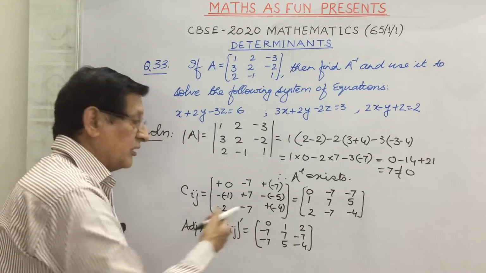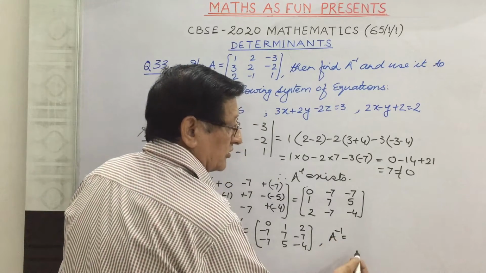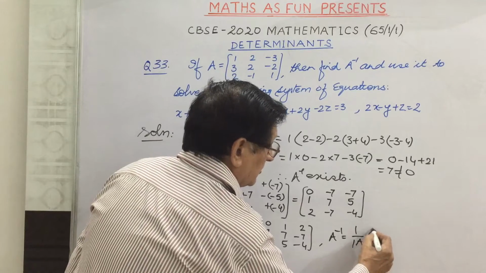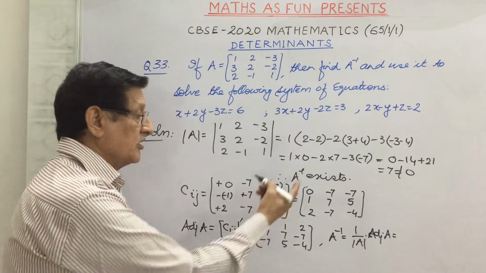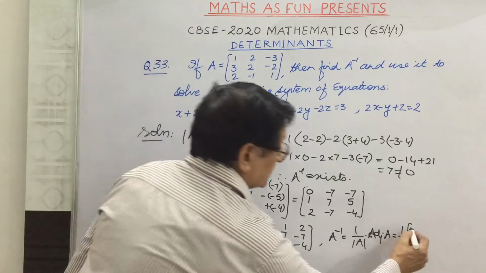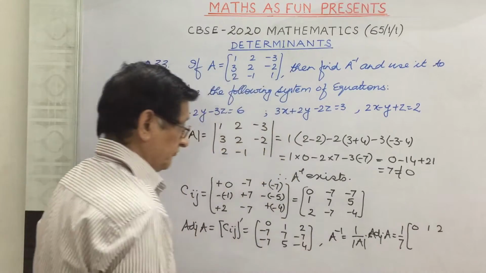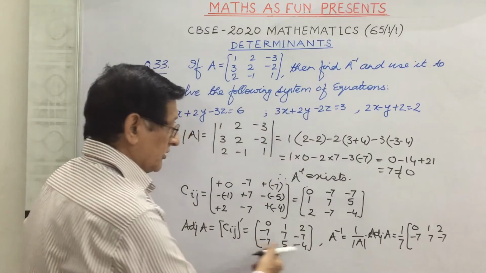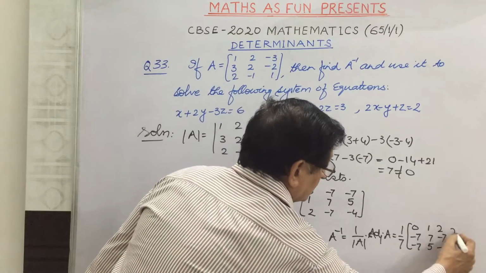And after finding adjoint of A, we can find out A inverse, which is equal to 1 upon determinant A into adjoint A. And here in this case, it will come as 1 upon 7 into this 0, 1, 2, minus 7, 7, minus 7, minus 7, 5, minus 4.